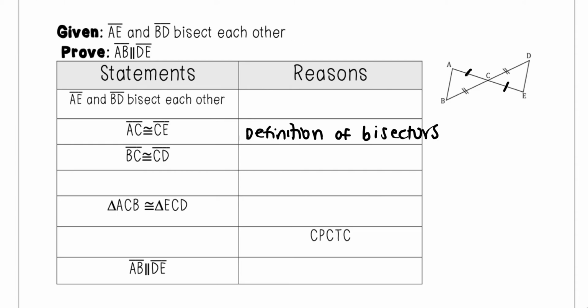And then we could give the same reason for why BC and CD are congruent. Since those lines were bisecting each other, that definition is enough information for us to say that those will be congruent to each other.